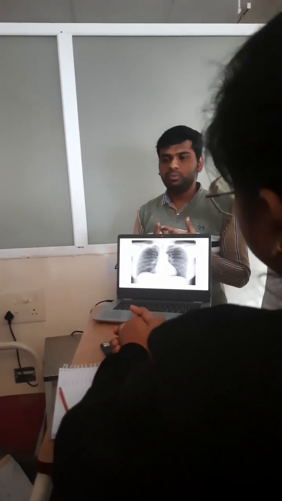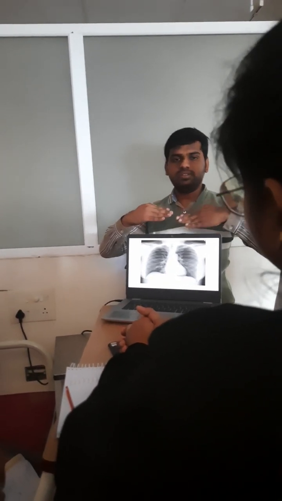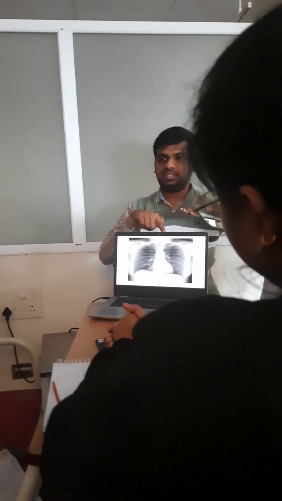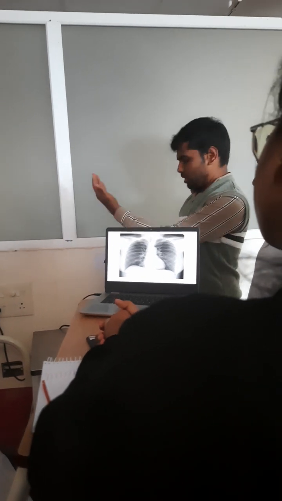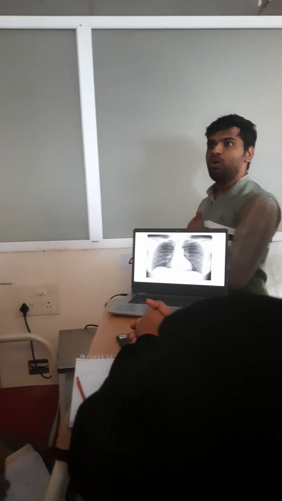One more thing is whether your clavicle is above the lung field or below it. You will interpret that in the next X-ray. In an AP view, the scapula will be present over the lung field.